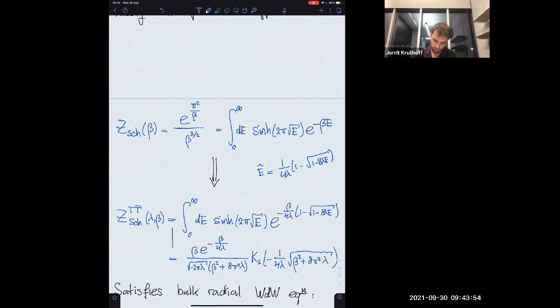You can do this integral exactly, and you get a fun expression that is this Bessel K2. Here you immediately see that this expression is complex. In particular, this factor signals that this thing is complex, because lambda is positive, and this K2 for negative values of lambda is also complex.